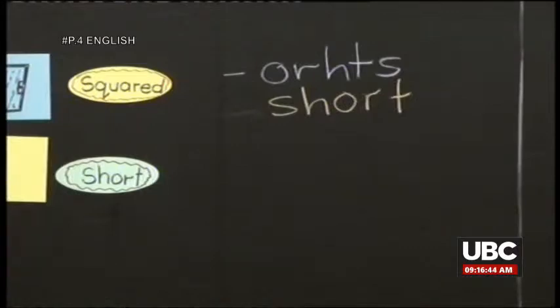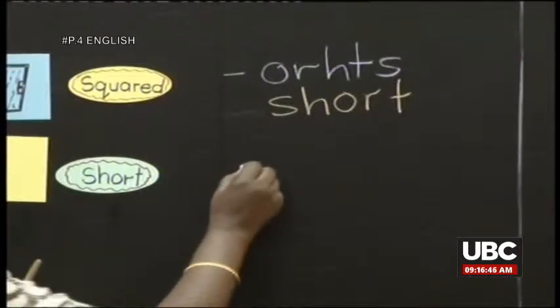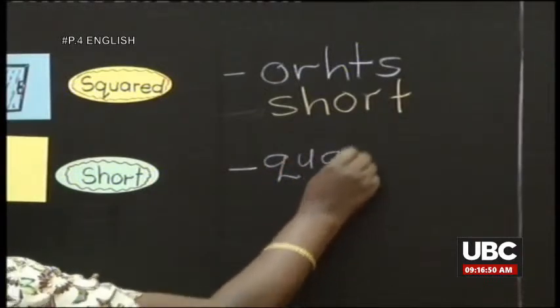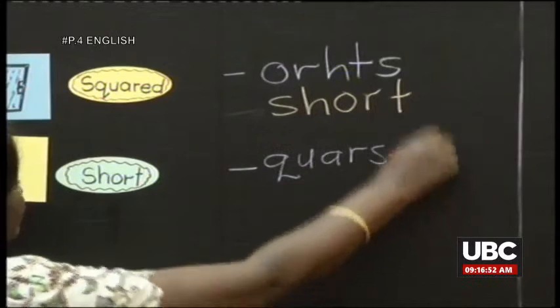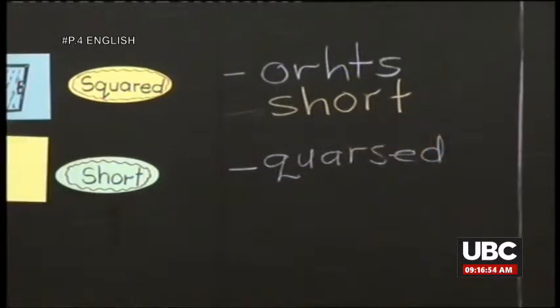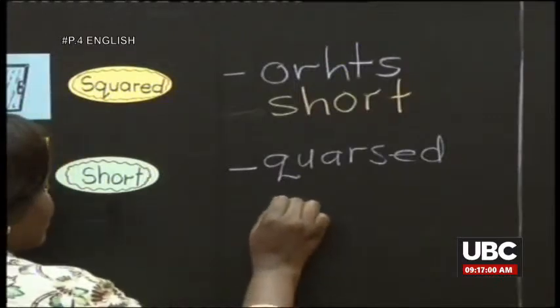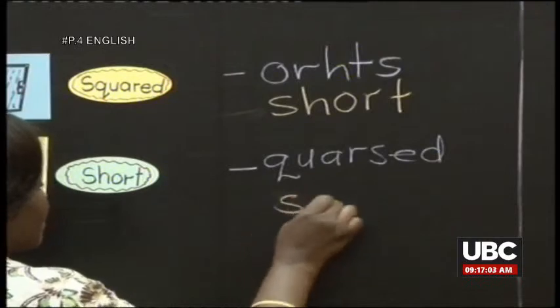Then let's spell also our last word, which we have looked at. It seems to have so many letters, but that's the word squared. Let's write it properly.